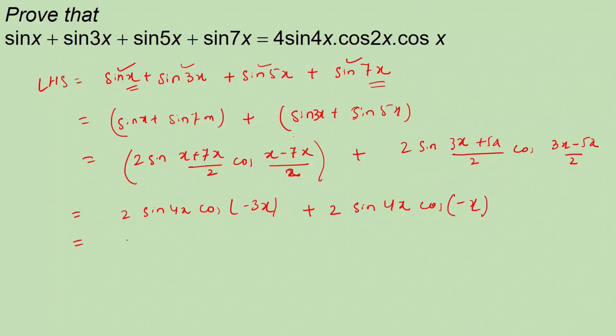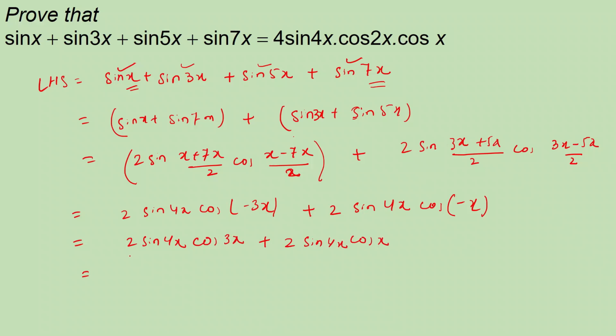So 2 sin 4x, remember cos minus theta is cos theta, so cos minus 3x is just cos 3x, plus 2 sin 4x cos x, cos minus x is cos x.